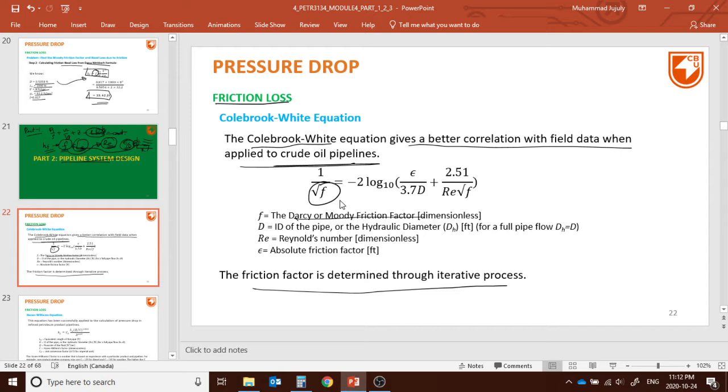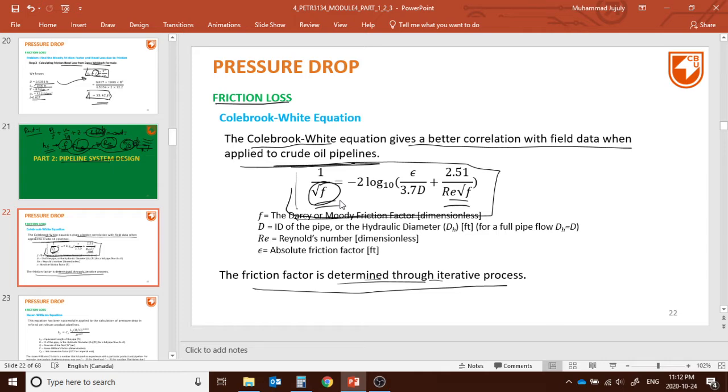So remember, when you design for a crude oil pipeline, you have to use the Colebrook-White equation. As you can see, this is a very complex equation. You have to use an iterative method, such as the Newton-Raphson method, so this should be determined by an iterative process.